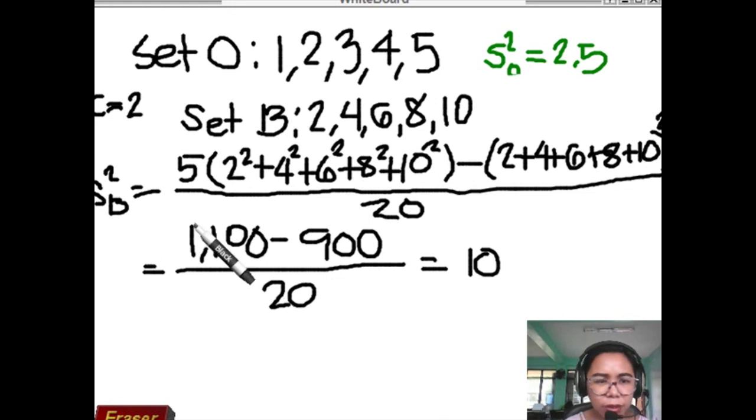So the resulting variance for the new set B is equal to 10.